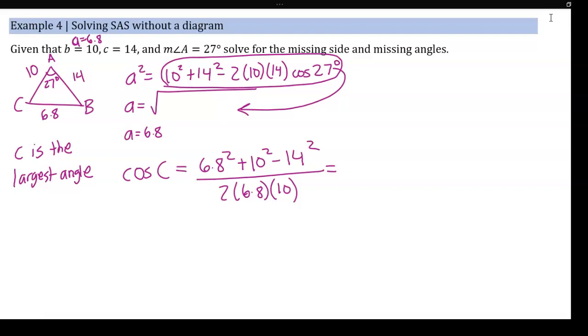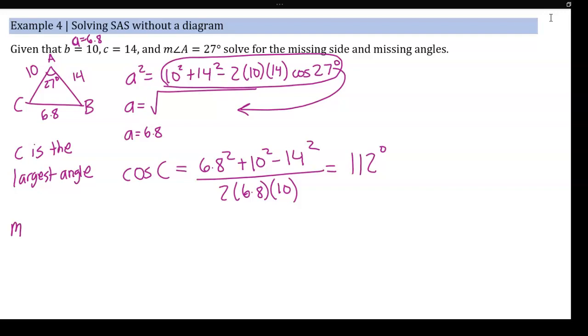So cosine inverse, let me put in a fraction. So 6.8 squared plus 10 squared minus 14 squared divided by 2 times 6.8 times 10. I get 112. So we'll say 112 degrees. So C is 112 degrees.